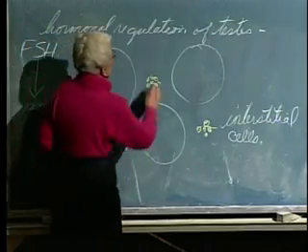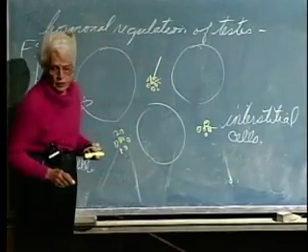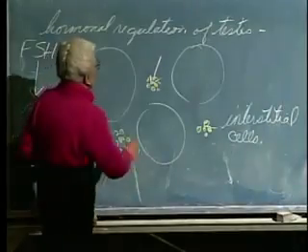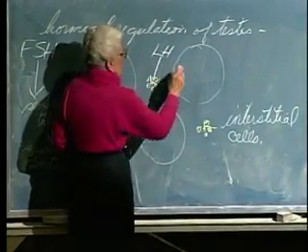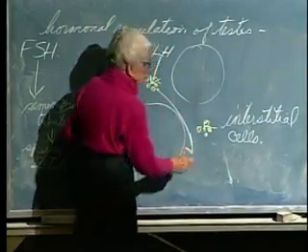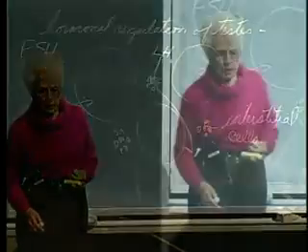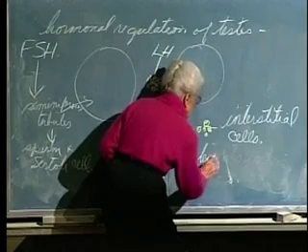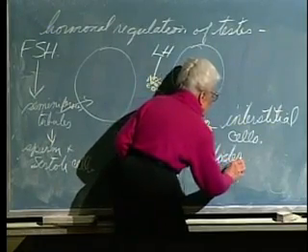What do we have acting on the interstitial cells? LH. And what will the interstitial cells then be producing? Testosterone. So you have both the main functions of the testes, testosterone.